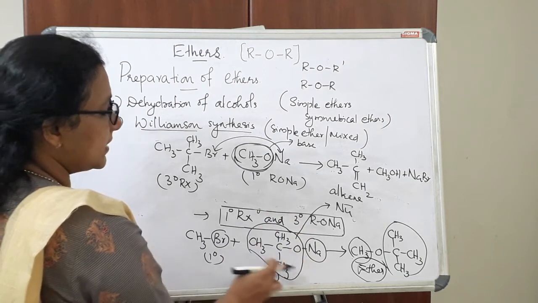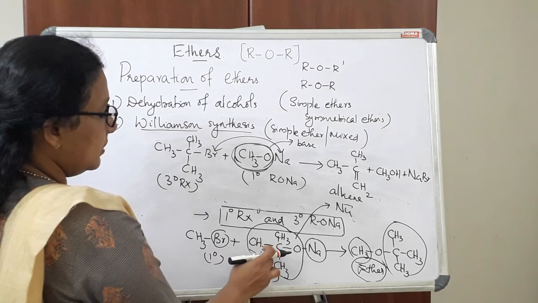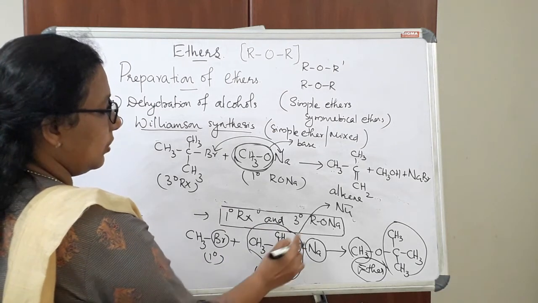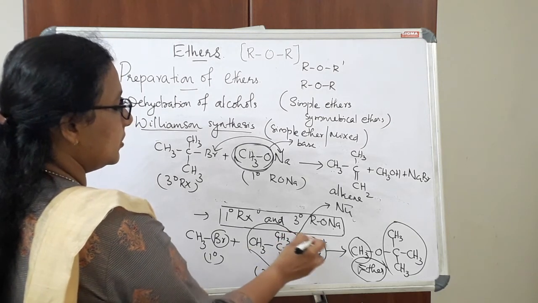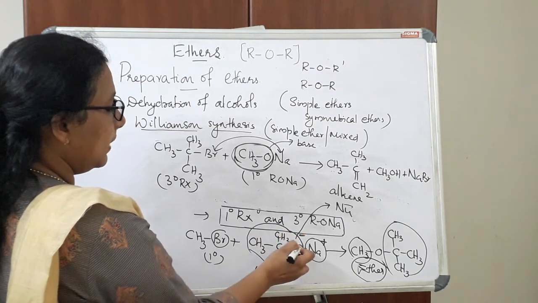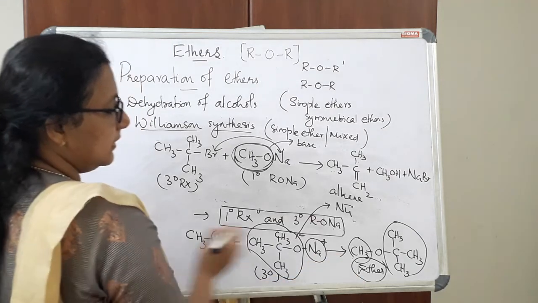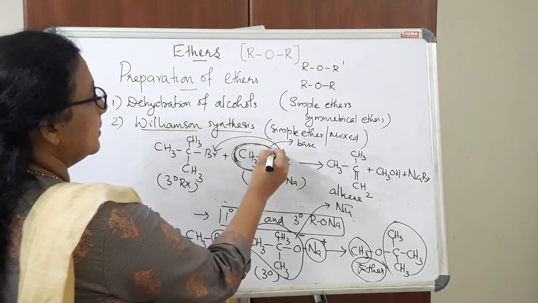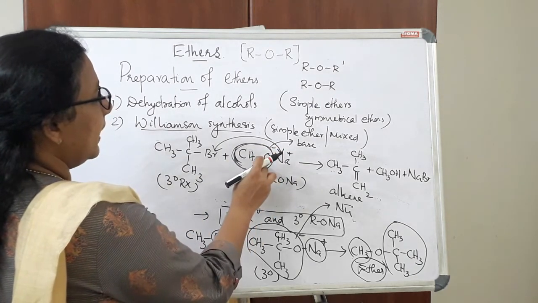This we have studied in the haloalkane chapter. So this alkoxide part is a nucleophile, the nucleophilic part. This is the negative part and this is the positive part, and nucleophilic substitution takes place and forms an ether in this case. But in the other case, this part is again a negative part and a positive part, and it will act as a base.